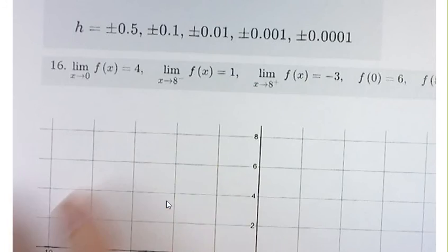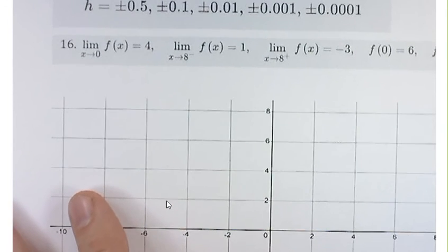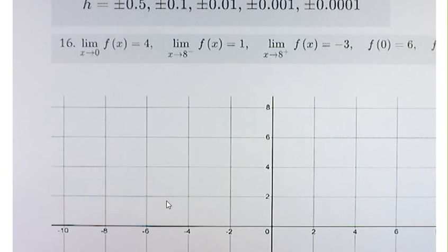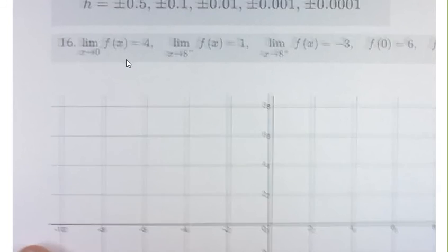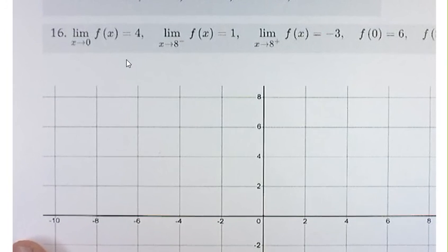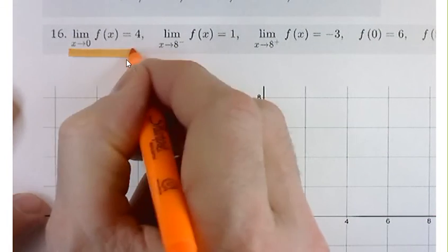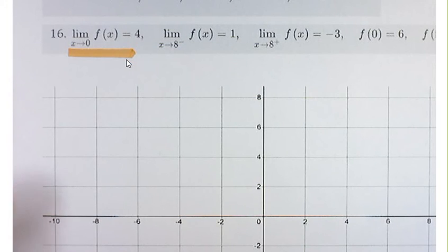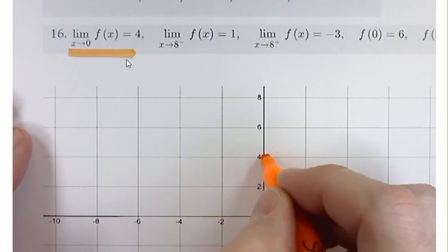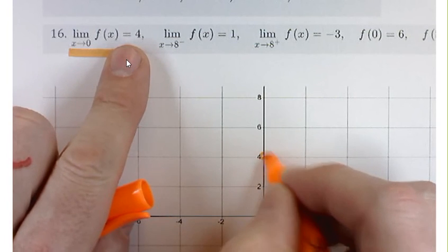Let's take a look down here at problem 16. I like problem 16 and problems like this. So the first part of this is to draw a function so that the limit as x approaches 0 of f of x is 4. So let's put a little spot right here. That's where we're eventually going to get.